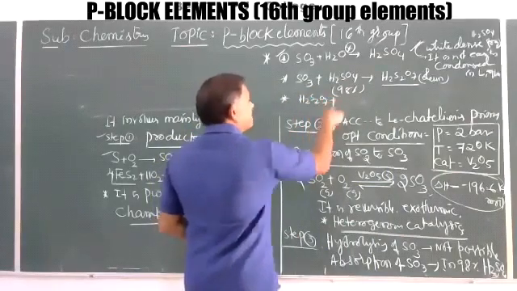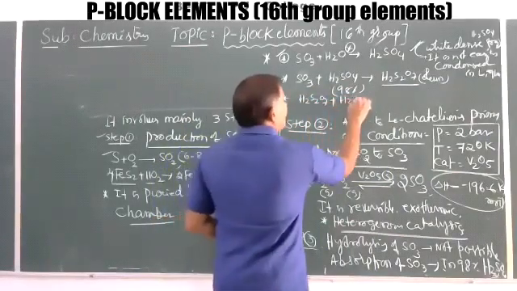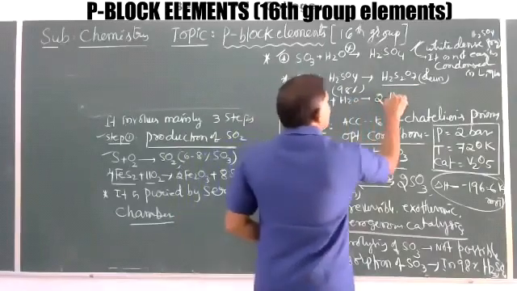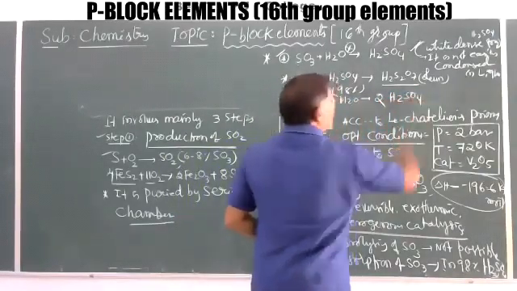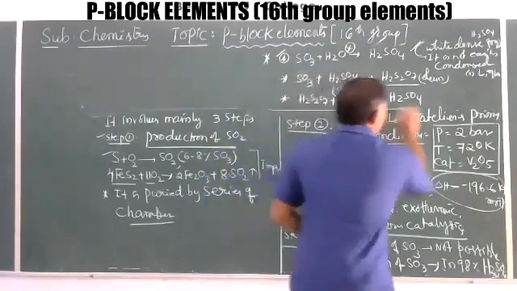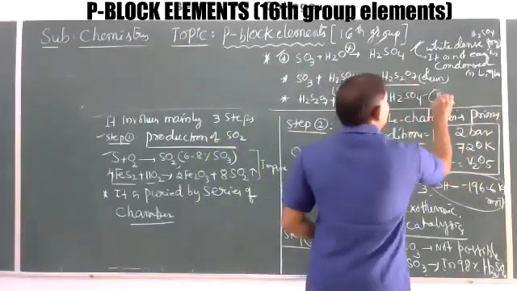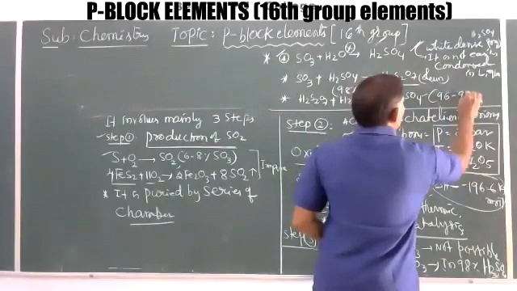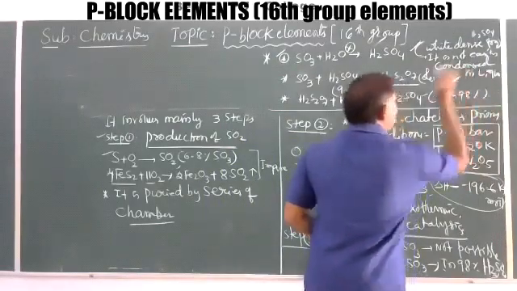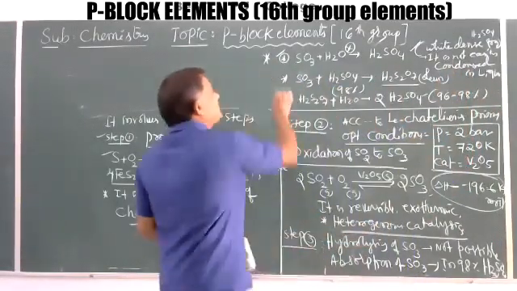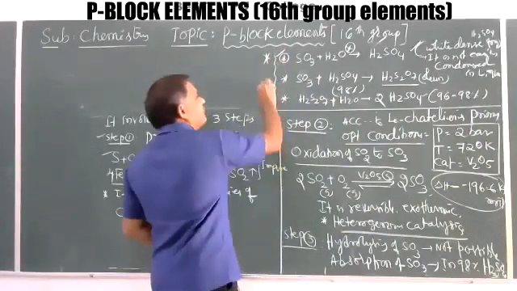Dissolved in water, it gives 2 moles of sulfuric acid, H2SO4. Very, very important. The concentration now obtained is 96 to 98% sulfuric acid. These 3 reactions in the third step are very, very important.